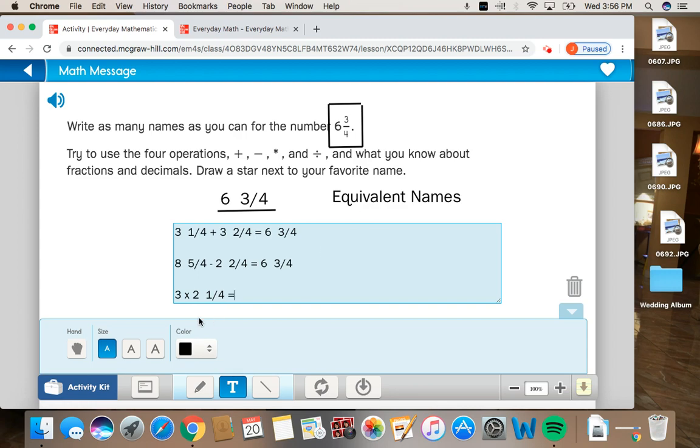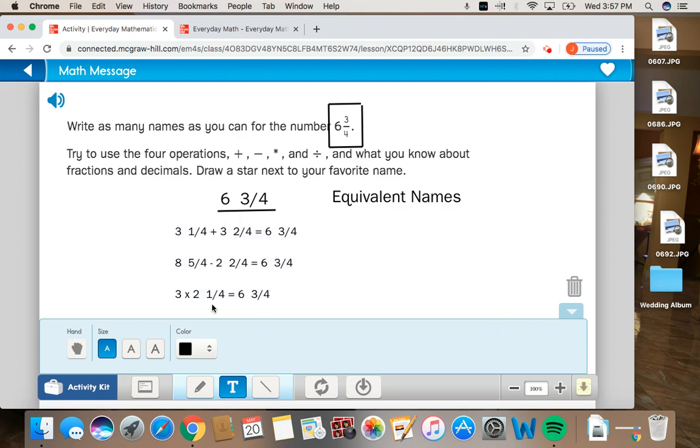When we multiply our whole number times a mixed number, we multiply the whole number times the whole number, and then the whole number times the fraction. So whole number times whole number gives me 6, and my whole number times my fraction gives me 3/4.